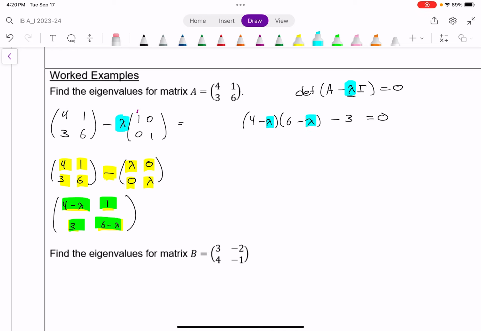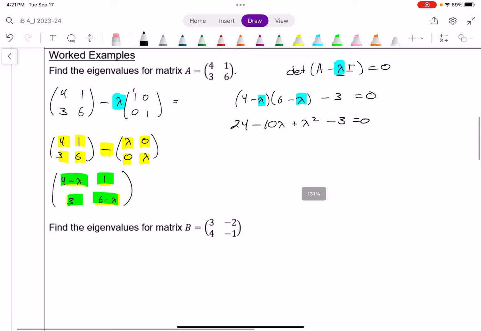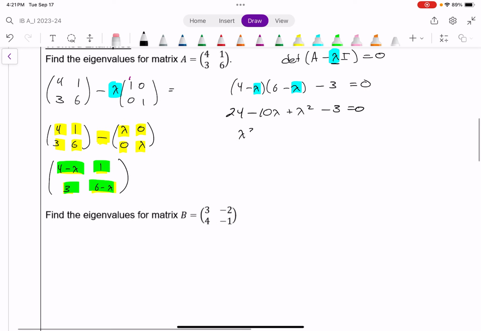So now we have a polynomial. In fact, we call this the characteristic polynomial of the matrix. And we can solve this using what we've learned about polynomials. I'm going to expand and simplify 4 minus lambda and 6 minus lambda, and I get 24 minus 10 lambda plus lambda squared, minus 3 equals 0. Collect like terms, I get a quadratic expression, lambda squared minus 10 lambda plus 21 equals 0.